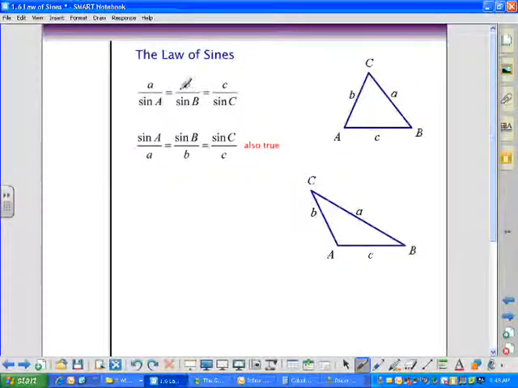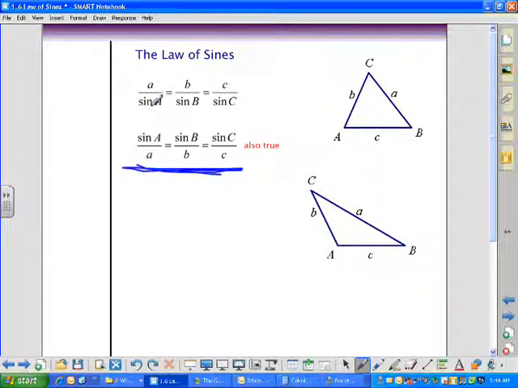Okay, and the relationship says that if I find the ratio of side A divided by the sine of angle A, that's going to be equal to the ratio of side B over the sine of angle B, and that's going to be equal to the ratio of side C divided by the sine of angle C. If those ratios are all true, of course the reciprocals are true as well.